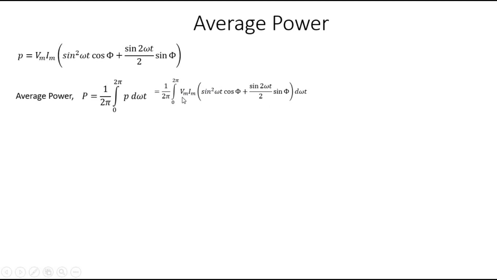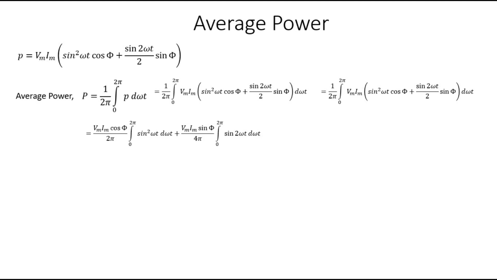Again we can substitute. We can take Vm Im cos phi and split into these two terms. First term: 1 by 2 pi, Vm Im cos phi is constant.